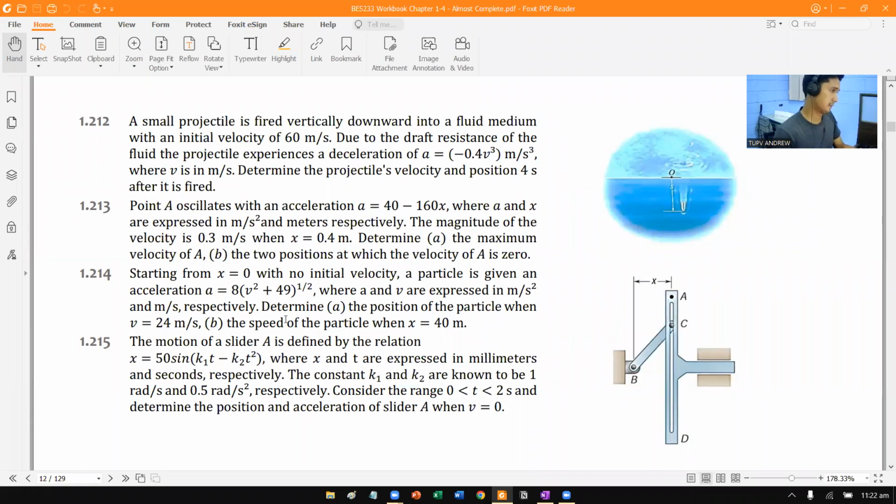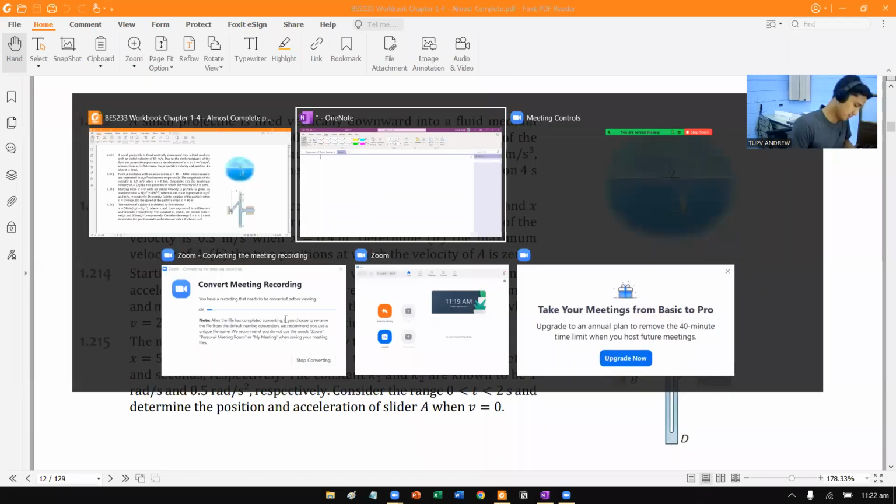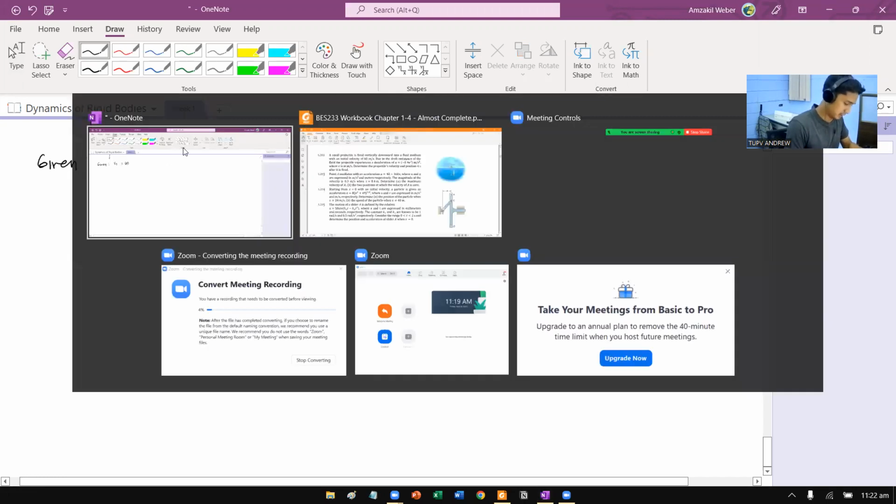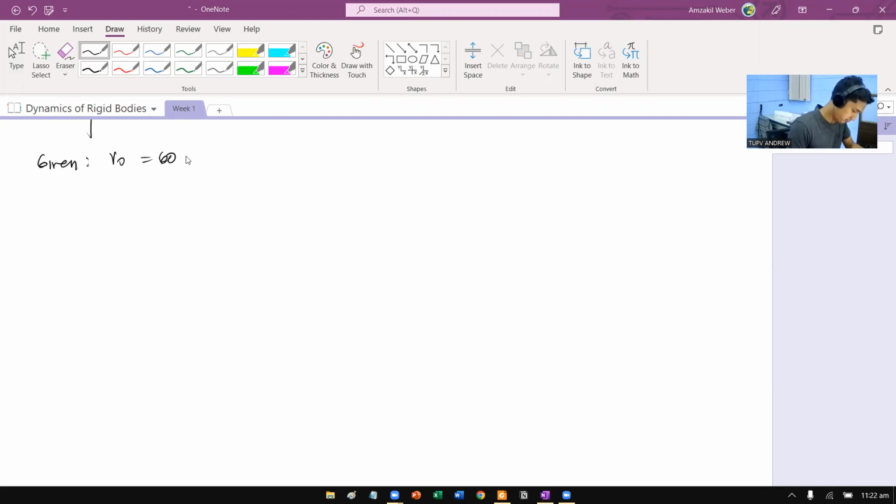Okay, so let's try to solve this one. The given is the initial velocity, 60 meters per second, and the equation of the acceleration is -0.4 v cubed. These are only the given.